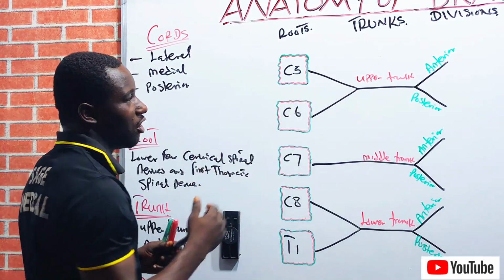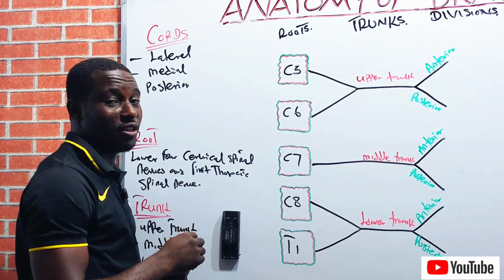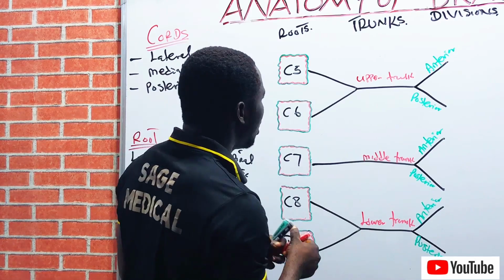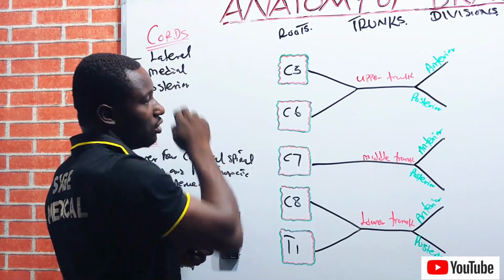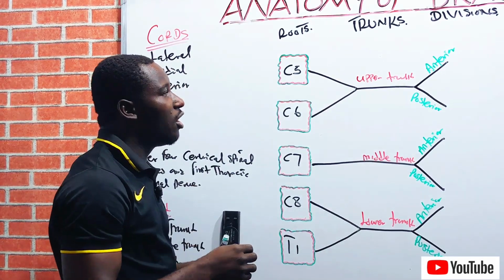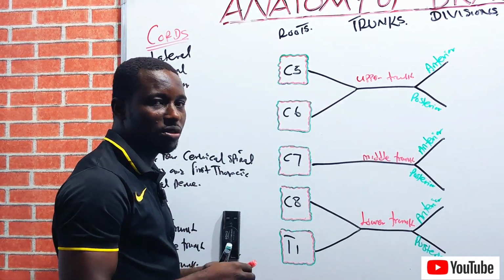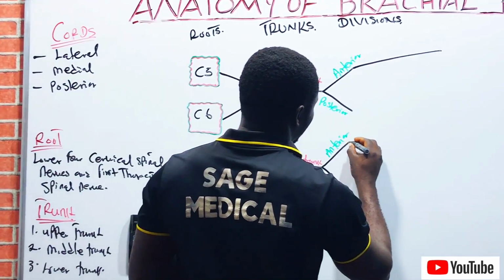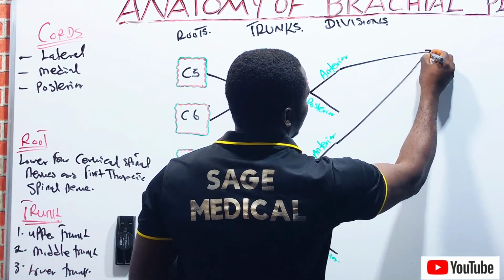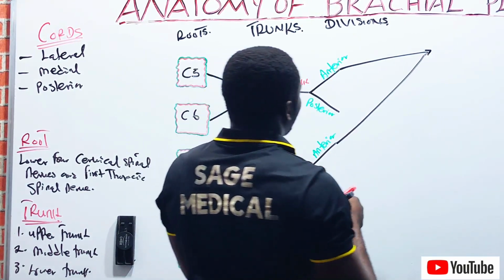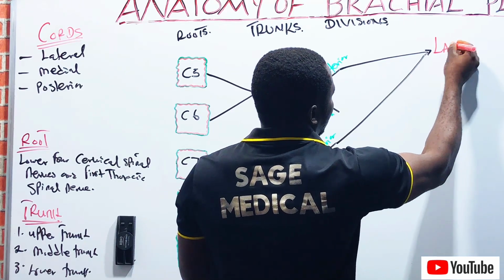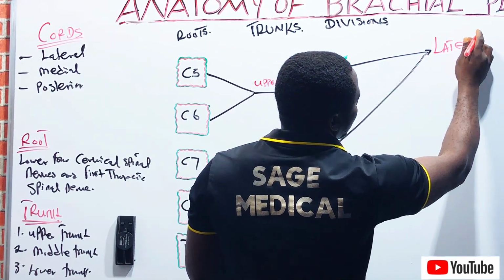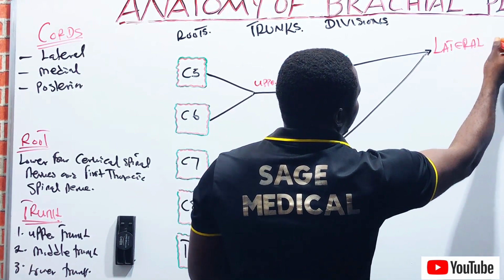Now let's form it according to how it is done in the structures of the brachial plexus. We have the lateral chord, the medial chord, and the posterior chord. On the lateral chord, the anterior divisions of the upper and the middle trunk form the lateral chord.